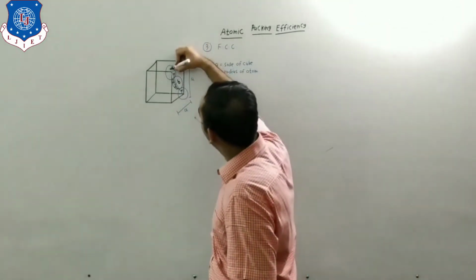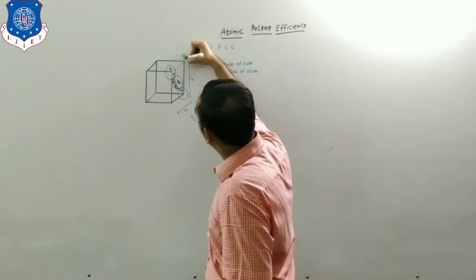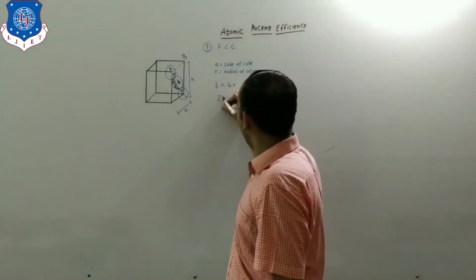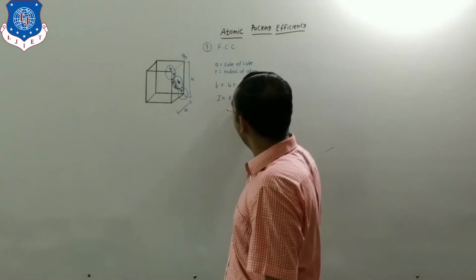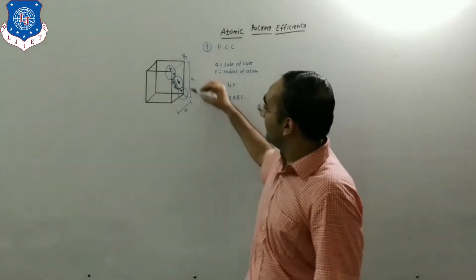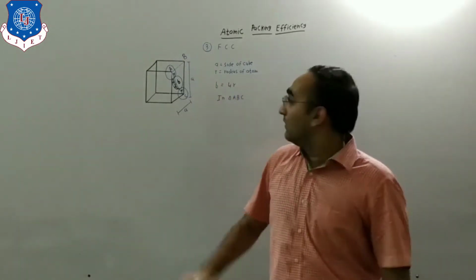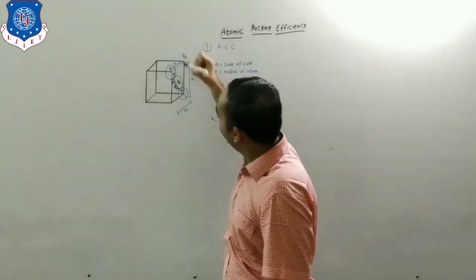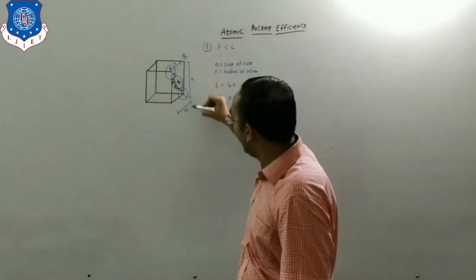For that, let us take a triangle ABC. These two are the sides and this is the hypotenuse.